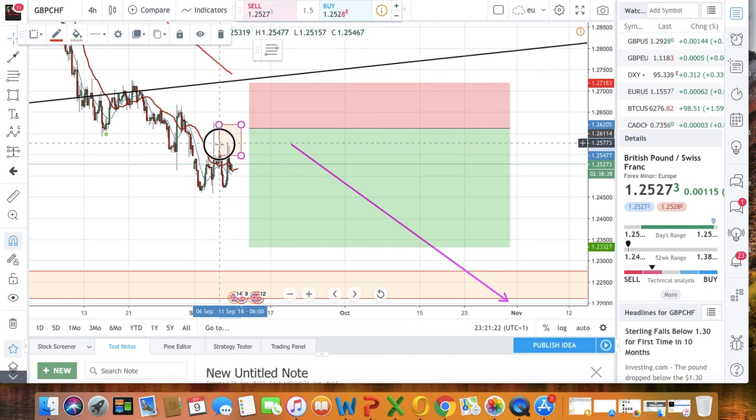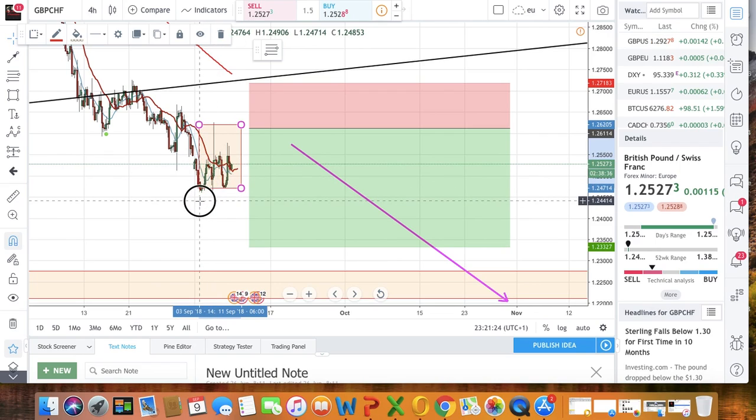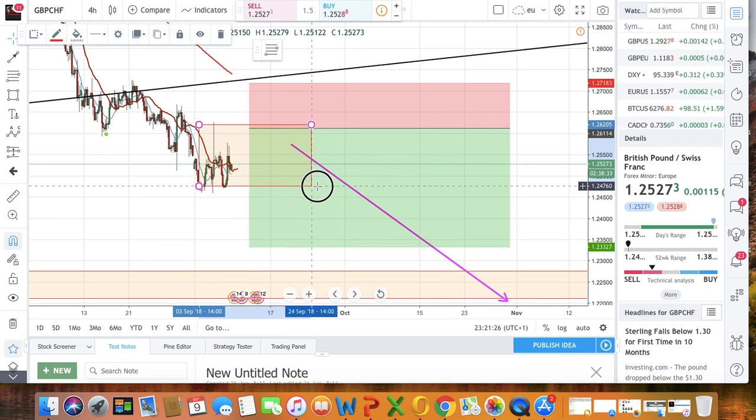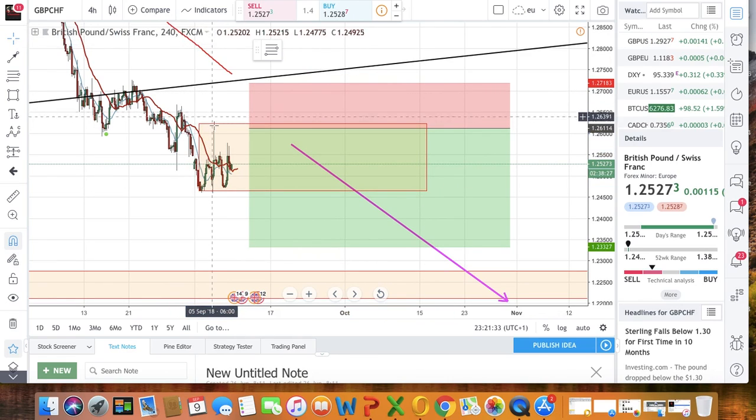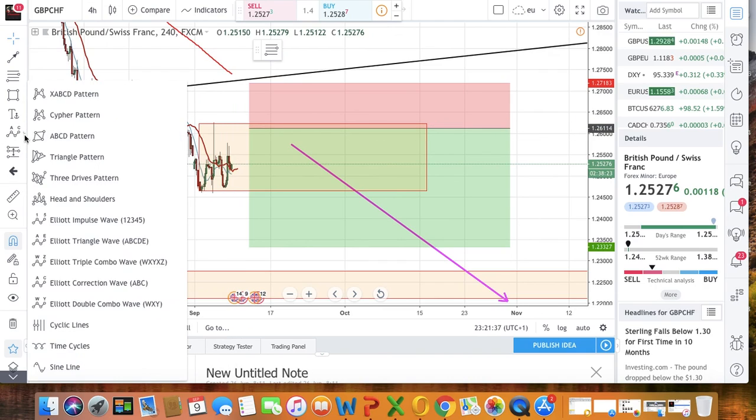I would use this box range as our first region to target of support and resistance. So looking at GBP Swiss franc, we really want to be looking at taking entries at the box resistance.